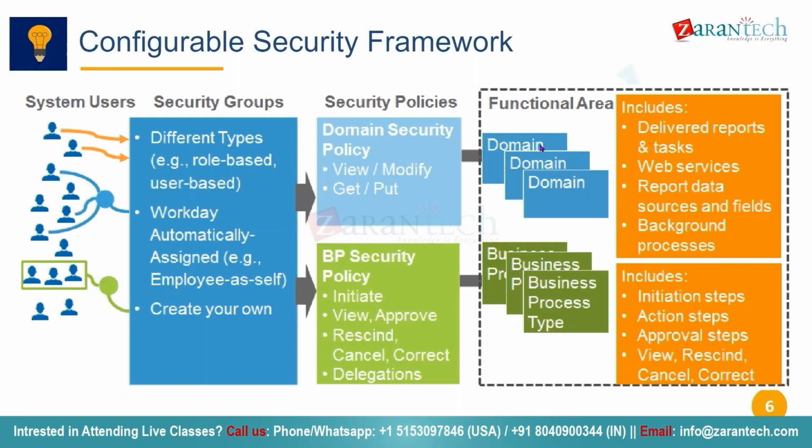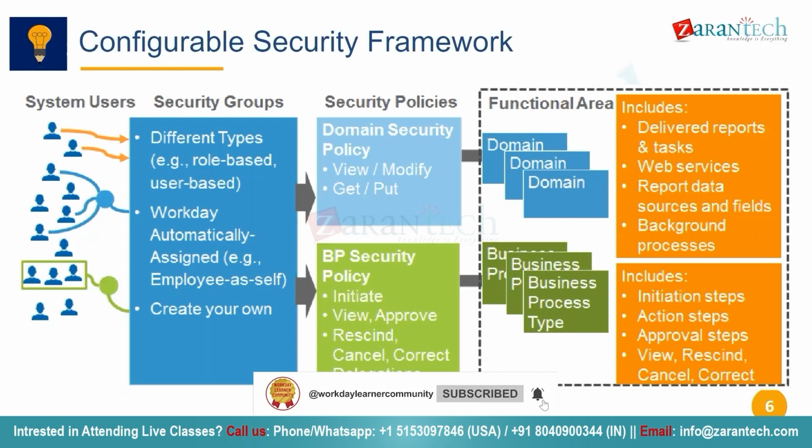Again, we have the functional area, which consists of the domain and the business process type. The domain is a set of secured items, such as the delivered reports and tasks, and we have the web service, report data, and background processing. These are secured via a particular domain.